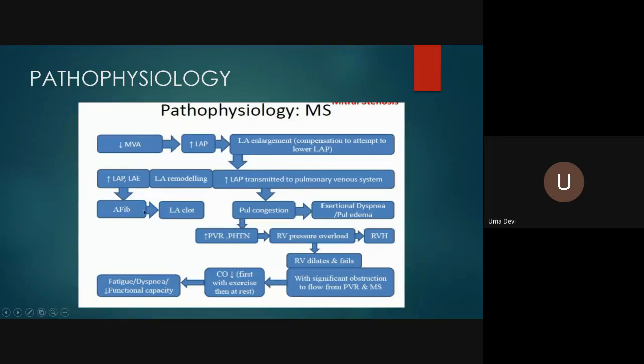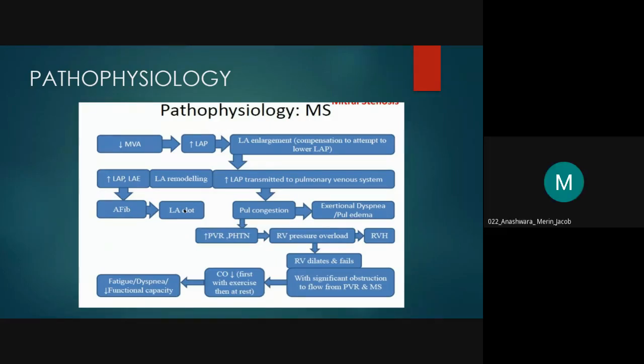Now, why does this atrial fibrillation lead to a clot? Stasis, ma'am. Yeah, very good. So it is an ineffective contraction. Now, the normal heart rate is 70 up to 100 per minute. Less than 60 is bradycardia, more than 100 is tachycardia. Now, in atrial fibrillation, what is the atrial rate?